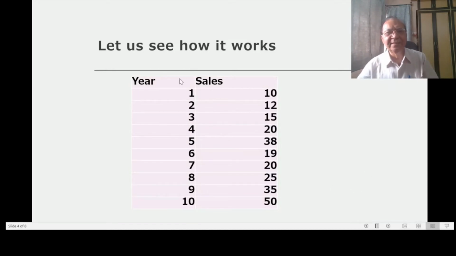Let us see an example here, 1, 2, 3, 4, 5 up to 10, and sales during this period is 10, 12, 15, 20, 38, 19, 20, 25, 35, 50. So what we are going to take? We are going to take the 50 and the 10, first value and last value.